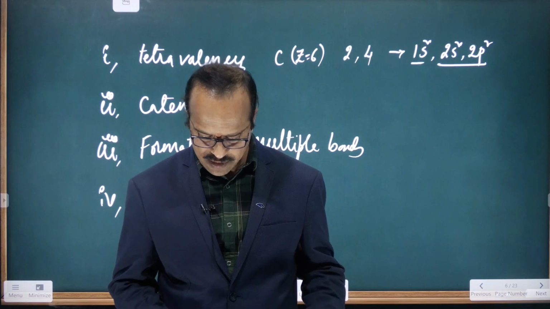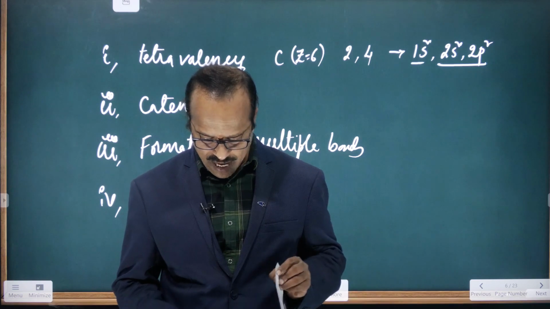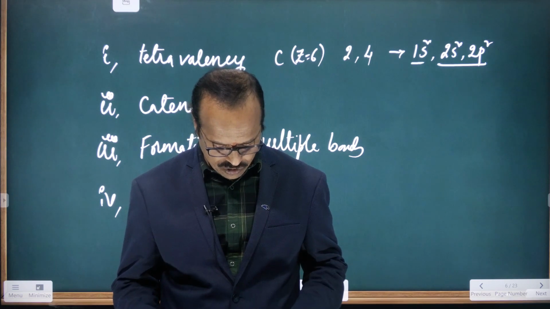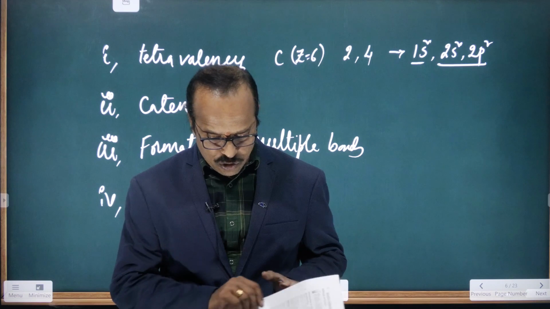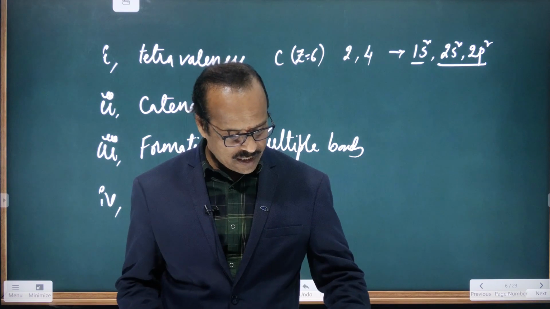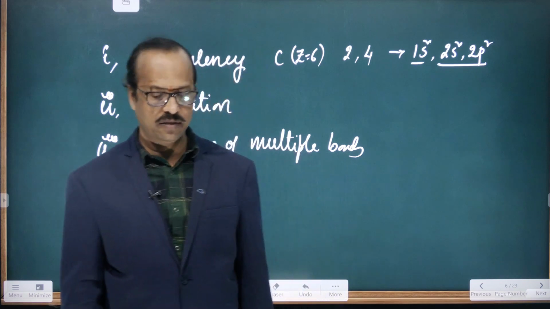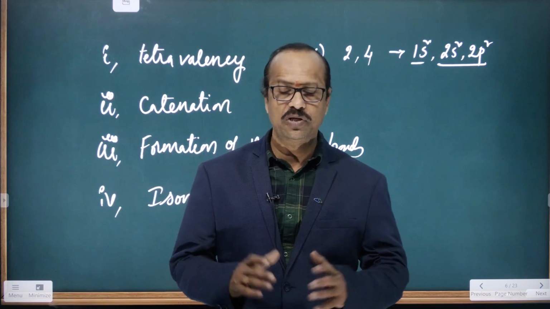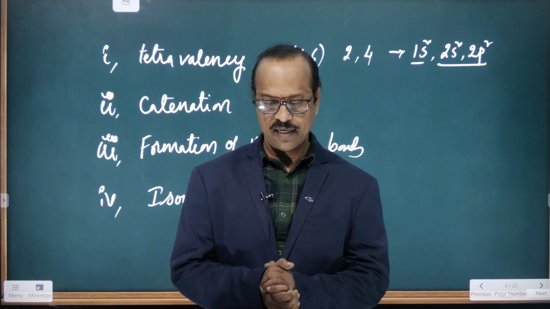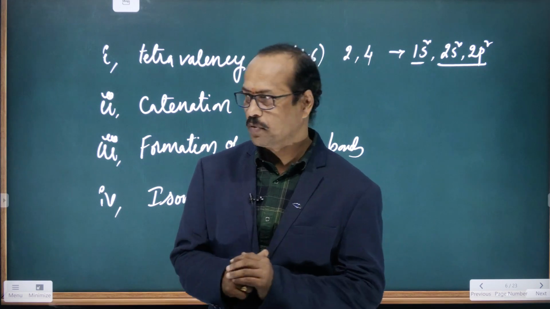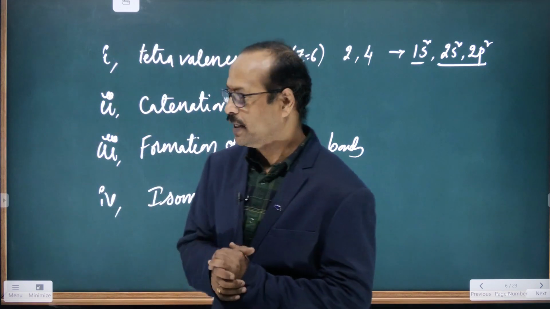Catenation can be defined as the self-linkage among the identical atoms. It's not there in your material. So the self-linkage among the identical atoms to form long chains, or branched chains, or ring-like structures is called catenation.